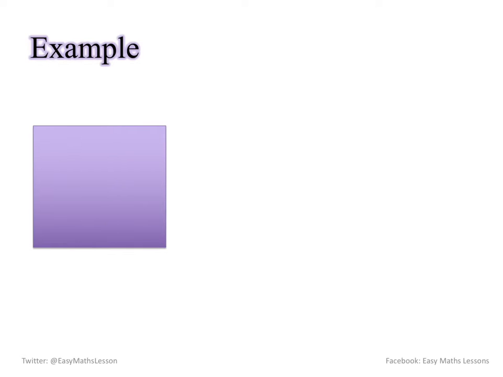Let's have a look. So if I've got this little square here, and I'm going to take this square and cut it into 4 equal parts. That will give me 1/4 for each part. So each part is equal to 1/4. But if I divide each of those squares again into equal parts, so like this, then I don't have quarters anymore.